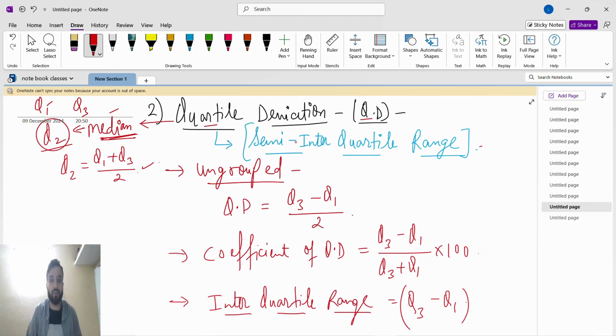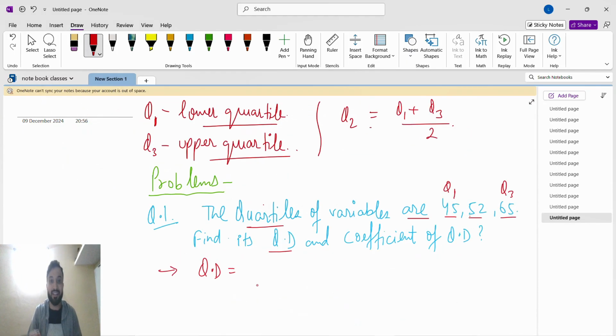But be careful: when they say find the semi-interquartile range, that means find the quartile deviation, so don't get confused. The formula is Q3 minus Q1 by 2.